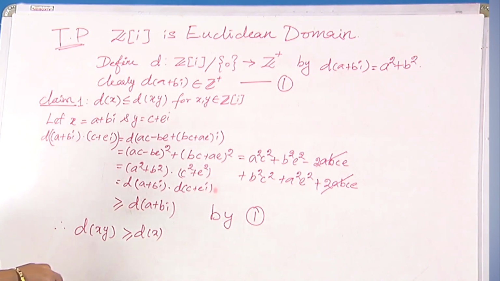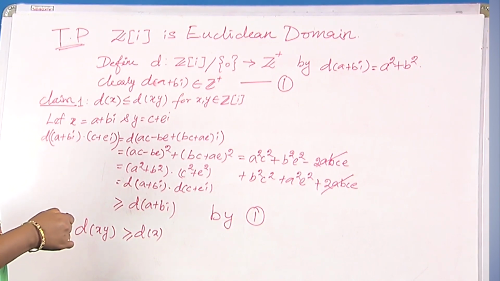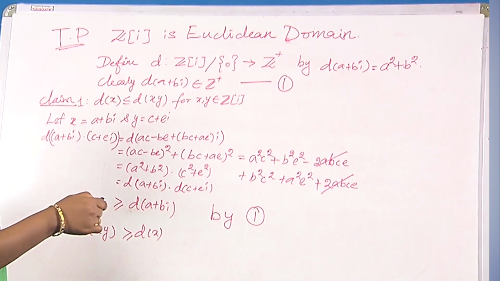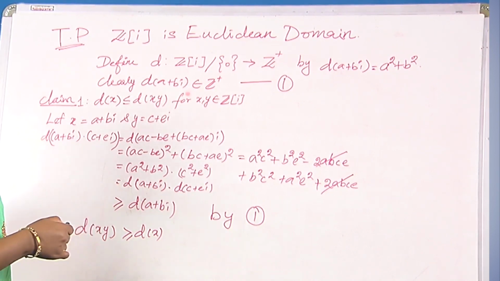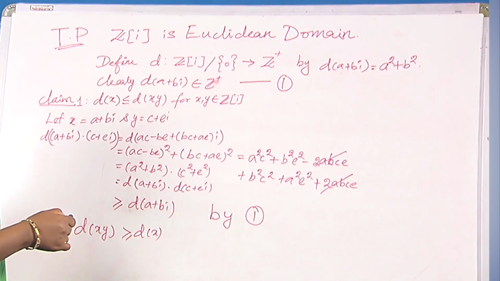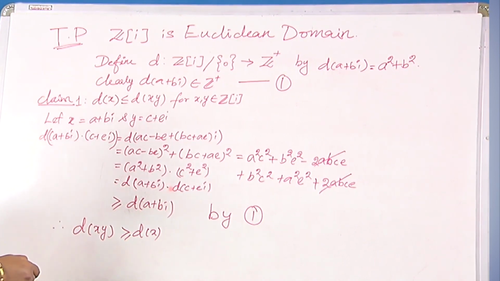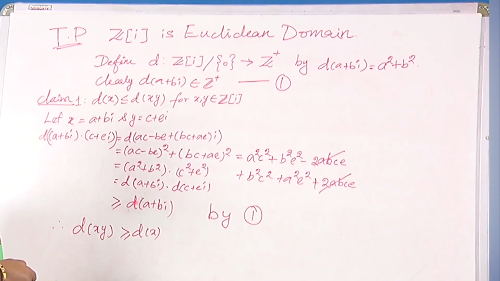And this is a positive integer. We have already said that the function is defined in such a way that the codomain is the set of positive integers, and d of (c plus ei) is a positive integer. Therefore, when we leave out this term, obviously the scales are tilted and the right hand side becomes lesser.